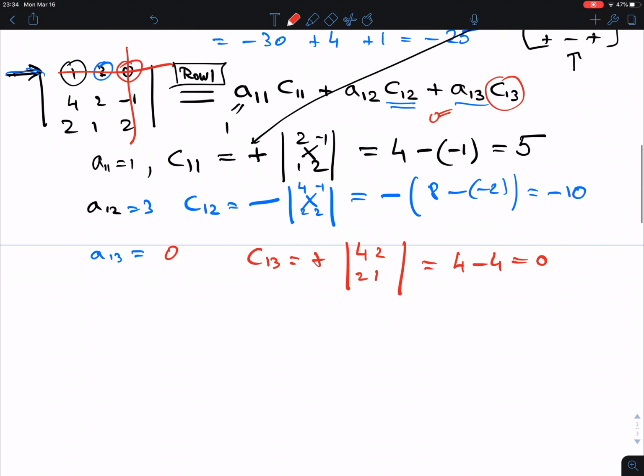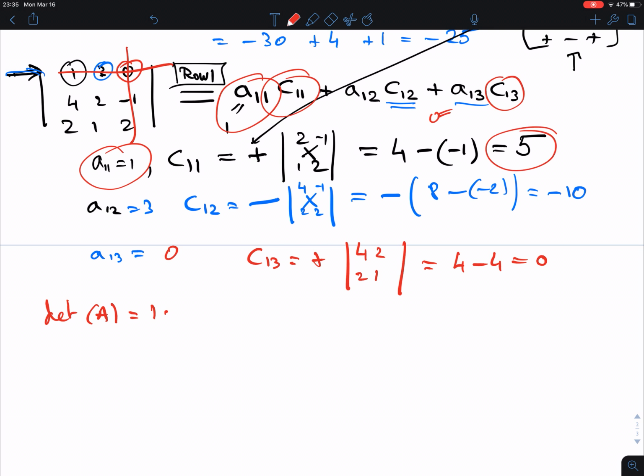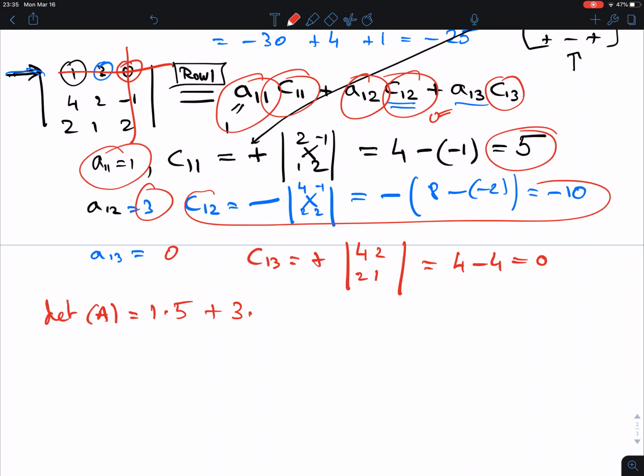Okay, so put it all together. The determinant of my matrix A is A11, that's 1, times C11, C11 was 5, plus A12, that was 3, times C12, this is this guy here, that's minus 10, and then plus 0, because this was just 0, whatever it is, it's always 0.